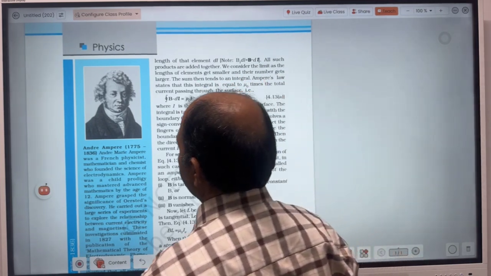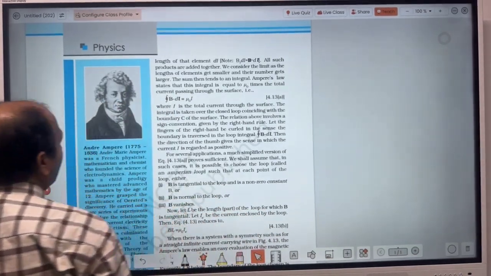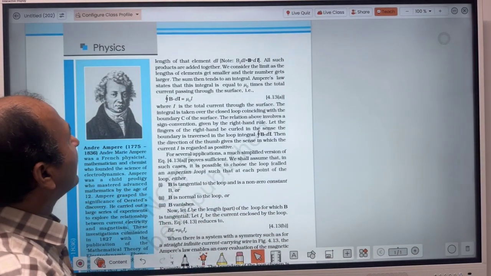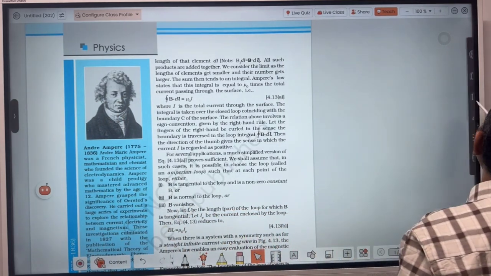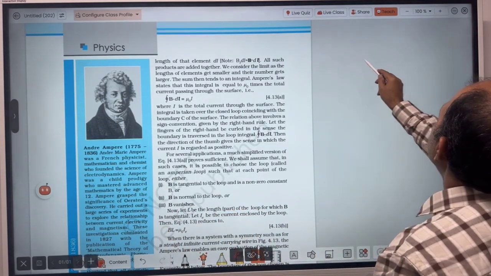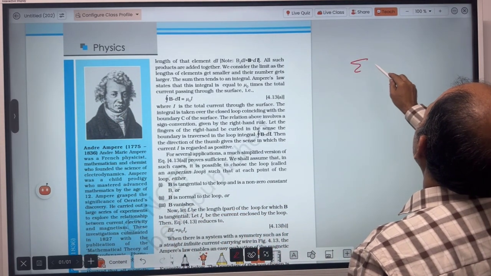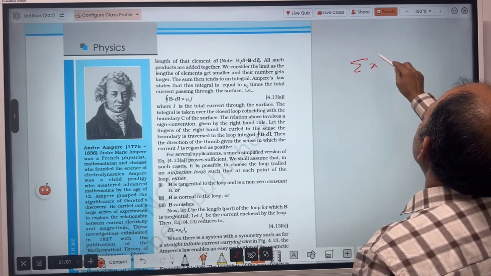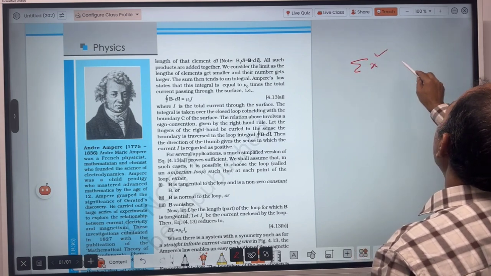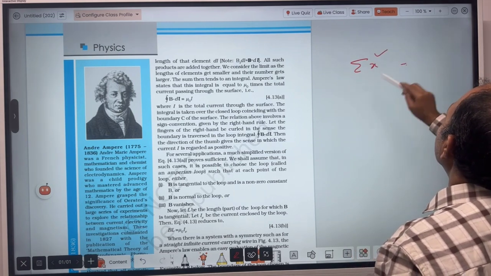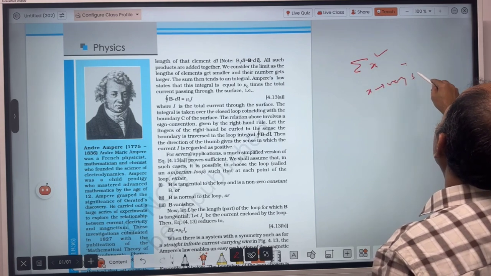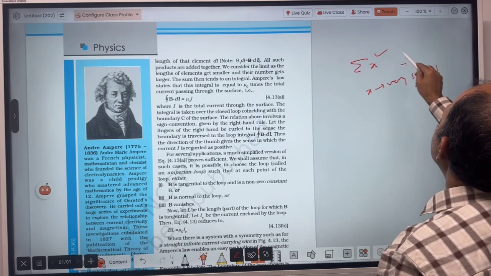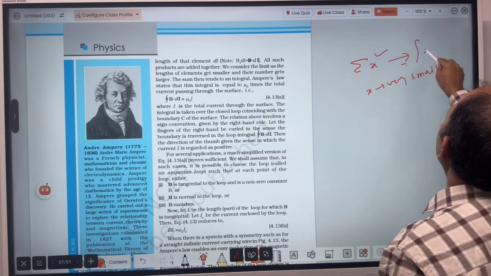You know, when summation of very small quantities is done, in that case it becomes integral. So the basic point when we use this symbol sigma, suppose we have to evaluate sigma x. Here x must have certain measurable length, but when x is very small, in that case sigma x will tend to integral x.